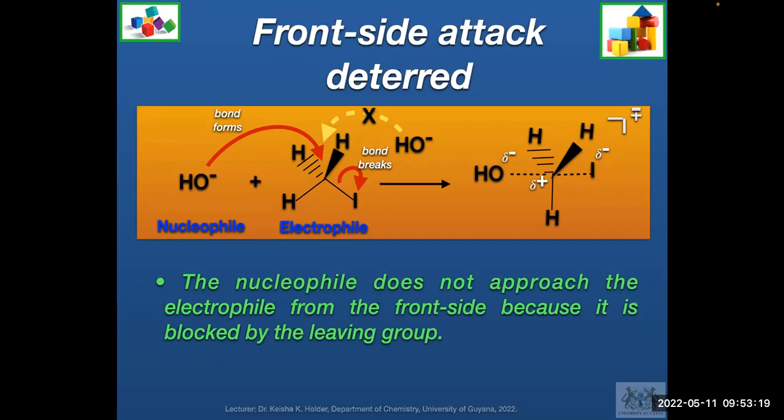So all of them exist in a plane that is perpendicular to the axis where bond formation and bond breakage is occurring. The nucleophile does not approach the electrophile from the front side because it is going to be blocked by the leaving group if it attempted to do so. So if the OH came in this direction, you can see the iodide is already there. This is a hindered approach. Hence, it does not occur, and hence the need for the other direction being taken.